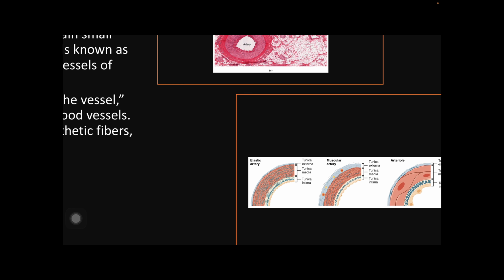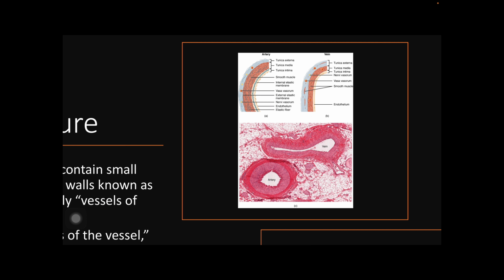In the artery, we have the tunica externa, which is a dense irregular connective tissue. Then we have the tunica media, which makes up our muscle layer, and then we have the tunica intima, which is the endothelial layer, or actually the living layer of the blood vessel, where all the functions are happening.